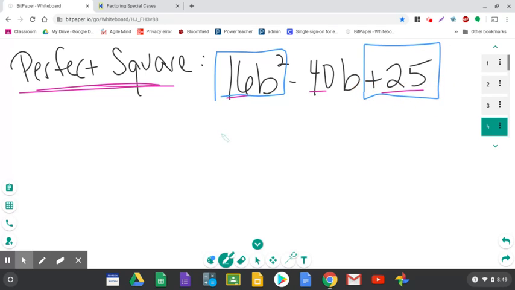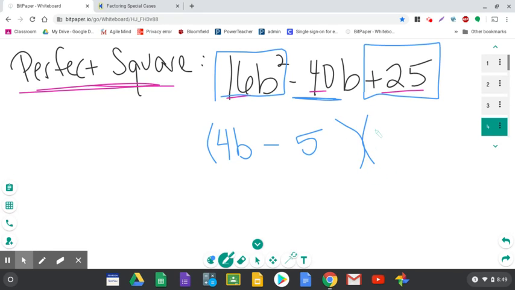Okay, so if you recognize that, then all you have to do is take the square root. So what's the square root of 16? 4. And the square root of b squared is b. What's the square root of 25? 5. And because this middle piece is a negative 40, it's going to have to be a minus.